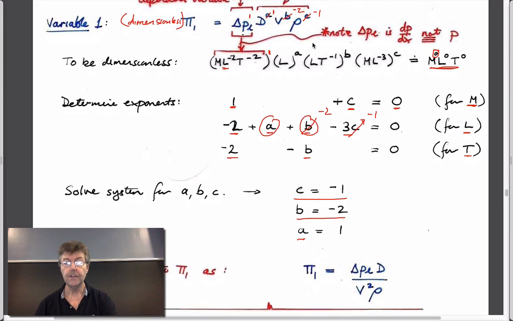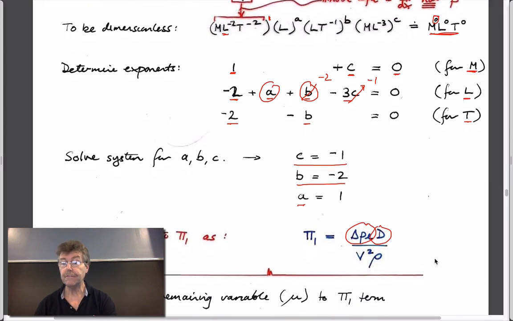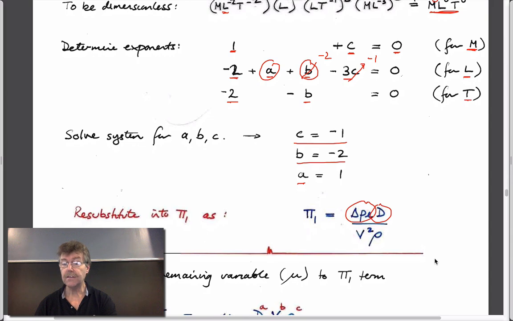And so the first pi term comes out of this: delta P over L, D to the power 1, V to the minus 2 is 1 over V squared, rho to the minus 1 is 1 over rho. And so we have a first term. What is this in terms of our first term?